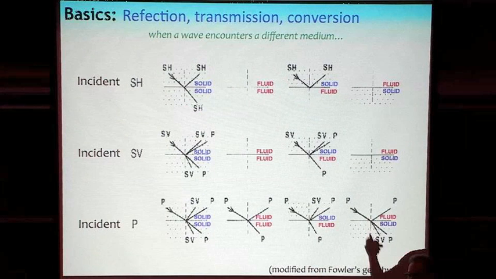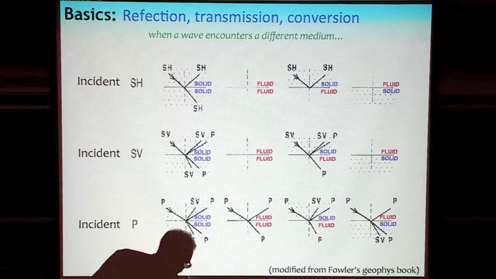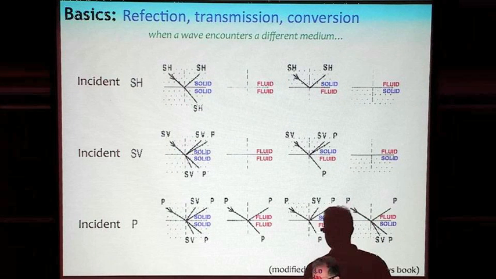A question: why are SH and SV so different, if you have a P wave carrying SV and not an SH? Okay, the question is why are SH and SV so different. Like if I'm coming down to this table as an SH wave with lateral particle motion, I bounce off. Let's say it's fluid below that.